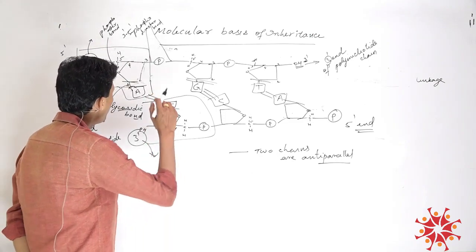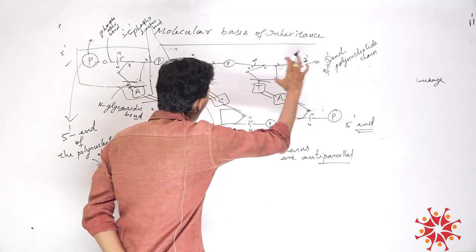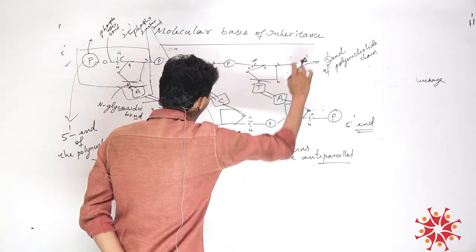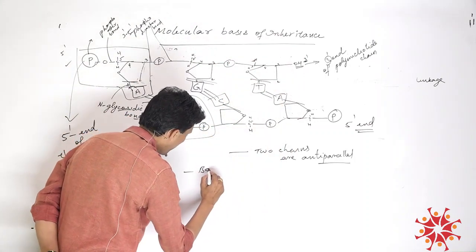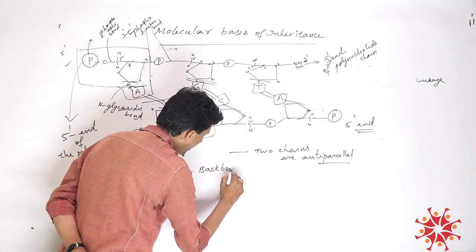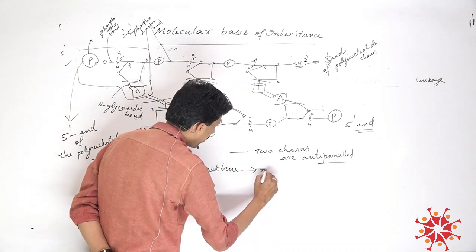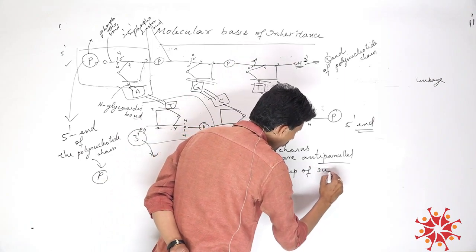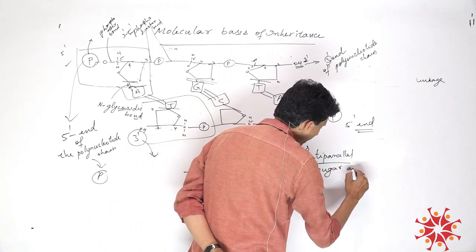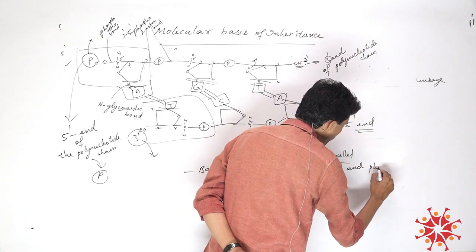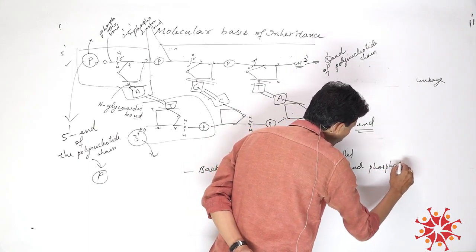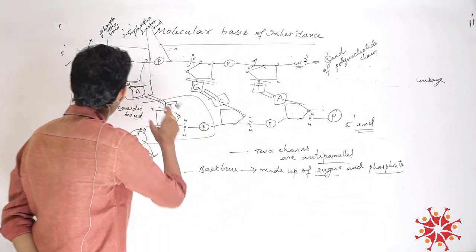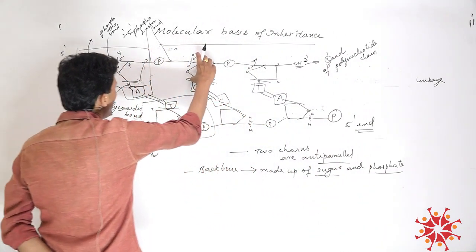And remember, the backbone of the polynucleotide chain is made up of sugar and phosphate, right? This is sugar, this is phosphate, sugar, phosphate.